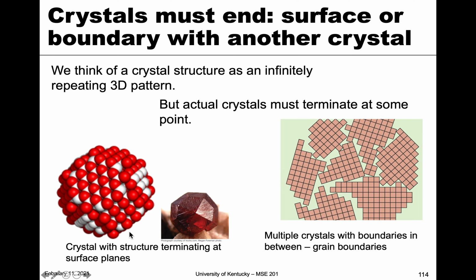And so this crystal, with its structure, is going to terminate, and it's going to do so at specific planes, right? So if we look at a gemstone, a naturally occurring single crystal, you see here that this is a gemstone, and you see the facets, right? What we call facets when we study minerals. Well, these facets are the same thing as particular planes in that unit cell or in that structure, right?